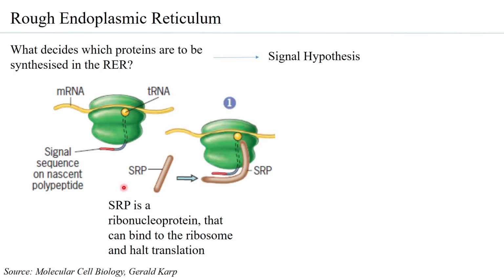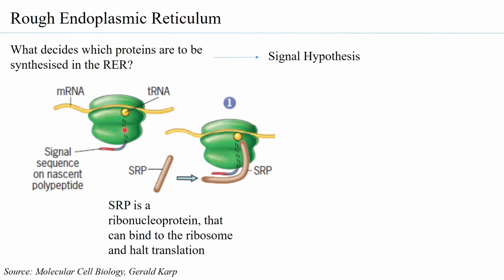So, effectively, the signal recognition particle binds to the signal peptide, but it also binds to the ribosome. As it binds to the ribosome, you can see how it is kind of ensconcing the polypeptide that is being formed. This association of the SRP with the ribosome ensures that the ribosome stops translating.